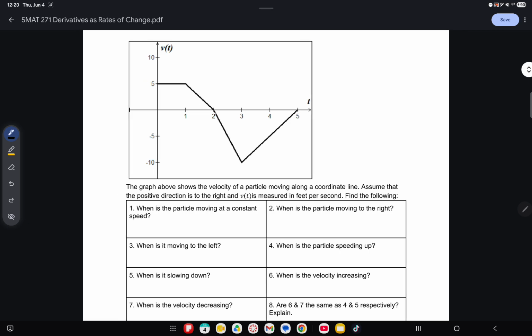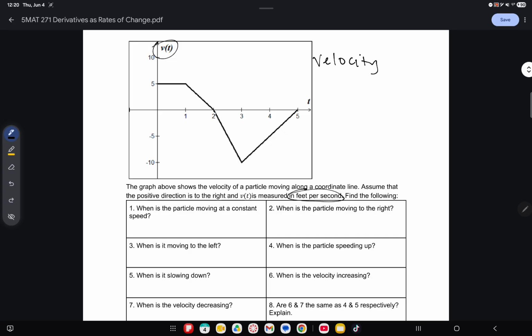Okie dokie, we have a graph here. And notice this is v of t. So this is the graph of the velocity. We're going to keep that in mind as we are looking at these questions here. All right, we're going to assume positive direction is to the right and that we are in feet per second.